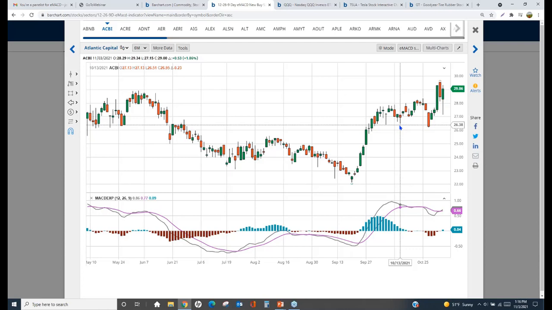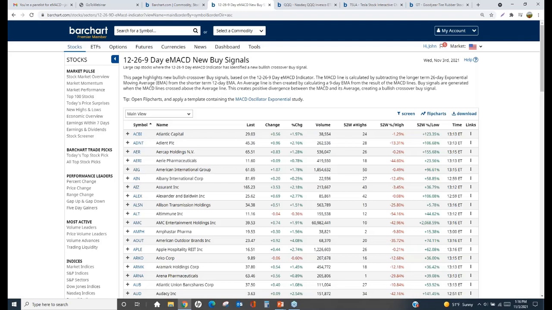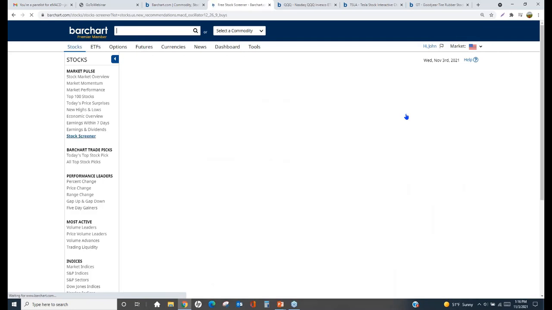We have a lot of candidates that we can go through today. Like all of our data pages, we can start to screen or filter down our candidates.